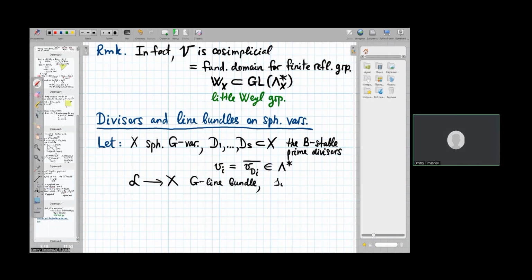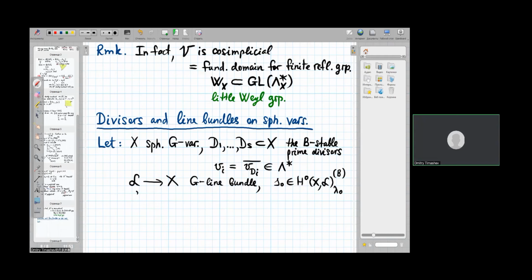So let s_0 be a highest weight vector in the space of sections of this line bundle L, say of highest weight lambda_0.